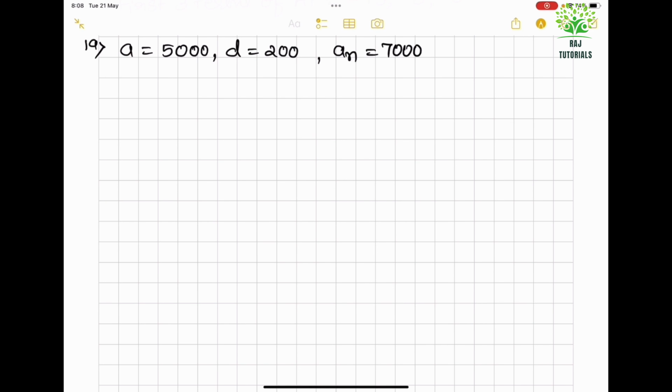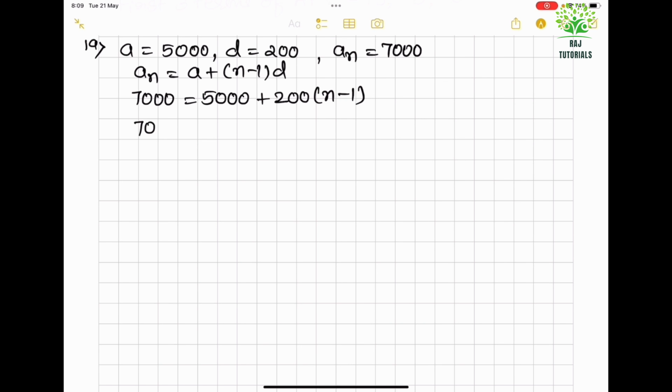So AN is 7,000. So AN equal to A plus n minus 1 D. So 7,000 equal to 5,000 plus 200 into n minus 1. So 7,000 minus 5,000 equal to 200 into n minus 1.